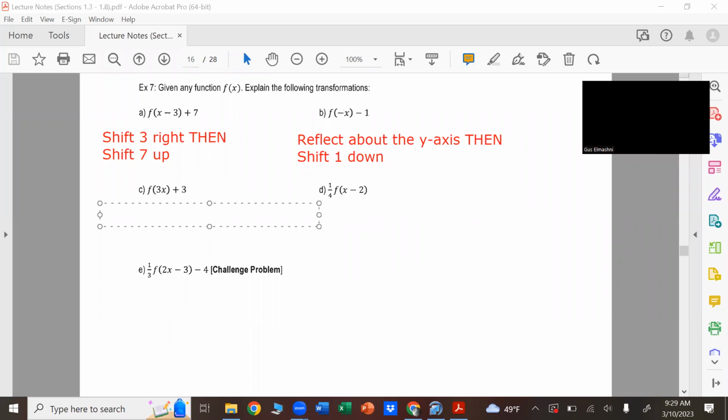So you're going to horizontally shrink by a factor of 3, then shift 3 up. Because you have a 3 being multiplied, it's horizontal, and because it's greater than 1, you say it's a shrink.